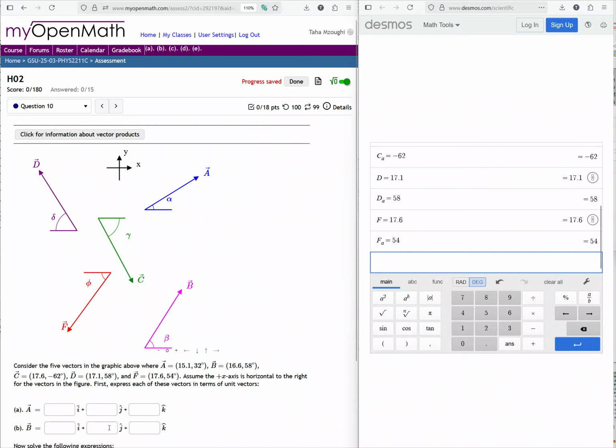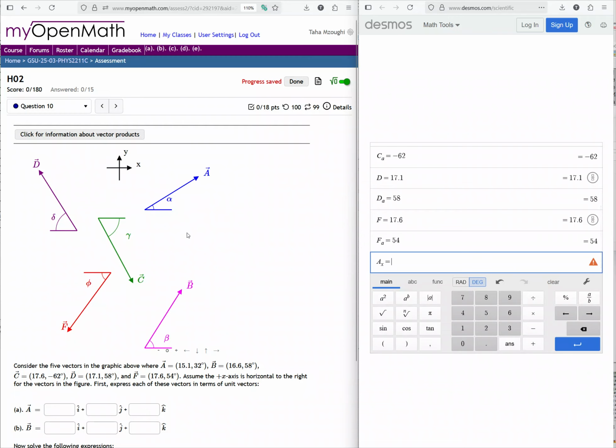Like here in the first part of the question, I'm asked to find the x, y, and z components of A. So all I have to do is, for example, A sub X, and that's equal. And then I look at A, it is in the first quadrant, so it's easy.